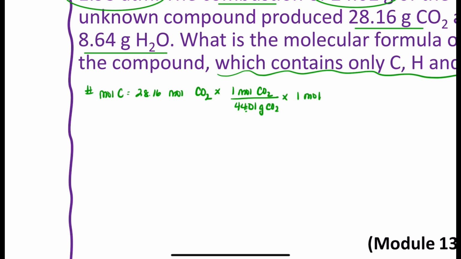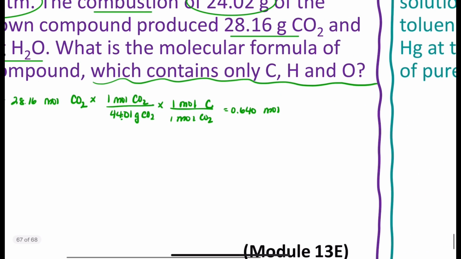And I know that 1 mole of carbon is contained in every 1 mole of CO2. This gives me 0.640 moles of carbon in the sample. I will need in a sec to figure out oxygen. I also realize that 0.640 moles is the same as 7.68 grams.